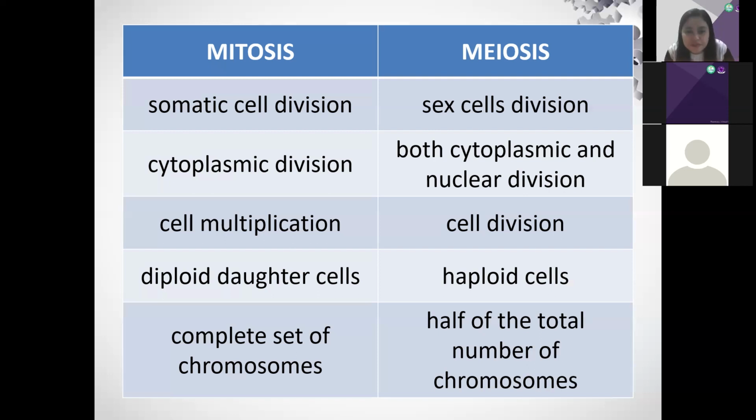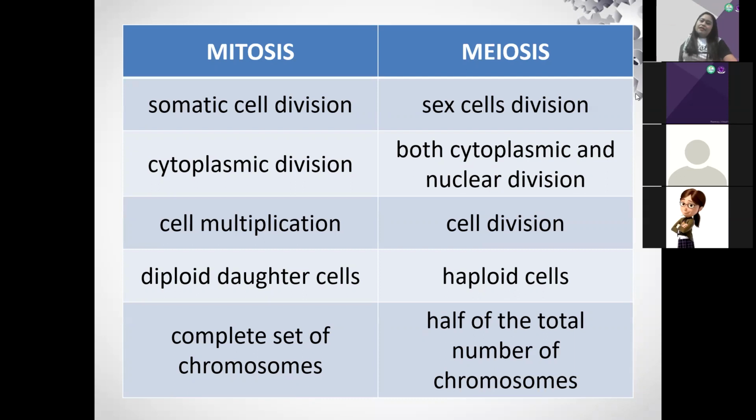And we will have diploid daughter cells here. When you say diploid daughter cells, you will have two daughter cells that have complete sets of chromosomes. Question, ilang chromosomes ang nasa cells natin? Human cells, not the sex cells ha, yung somatic cells. How many chromosomes are there? Again. 46.